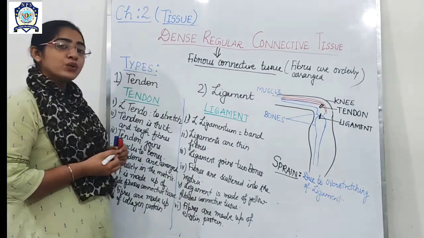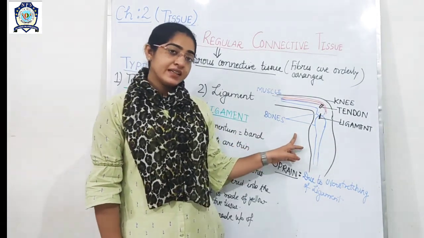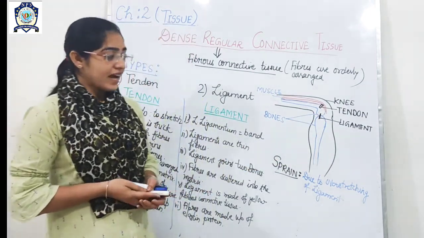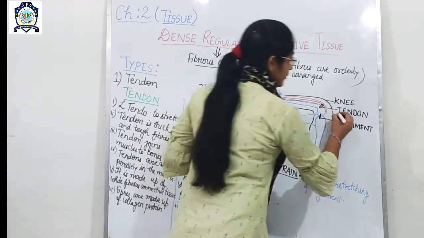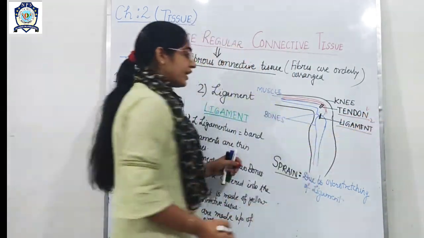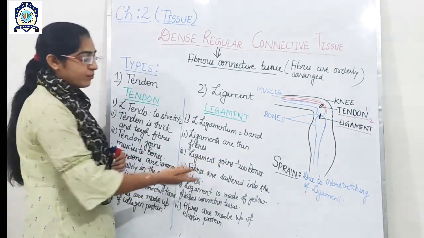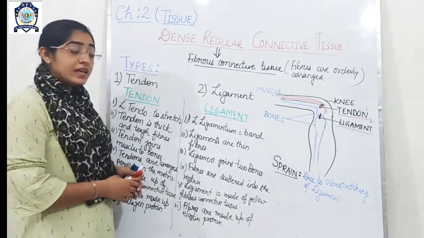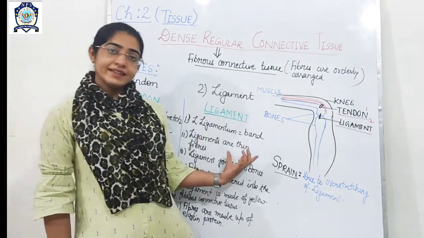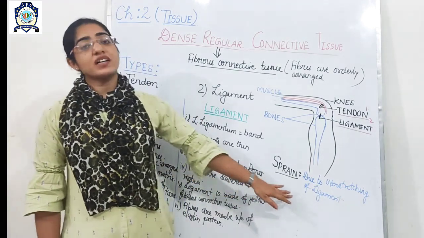Then I gave you a simple example of the leg where we can easily find the tendon and the ligament, which are part of the connective tissue. Tendon joins muscle to bone while ligament joins two bones.